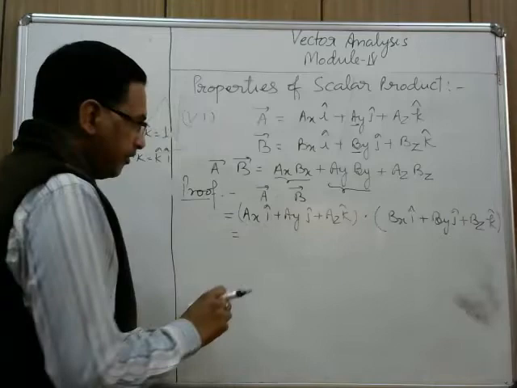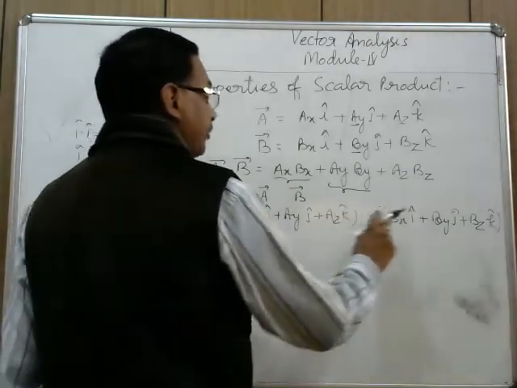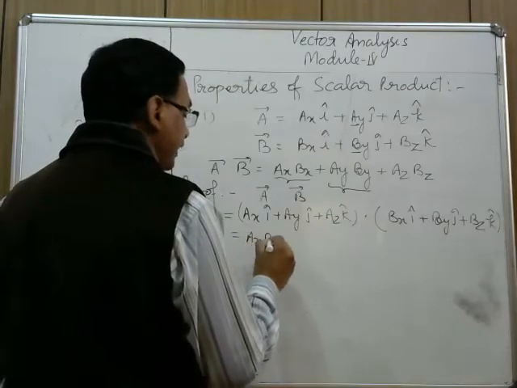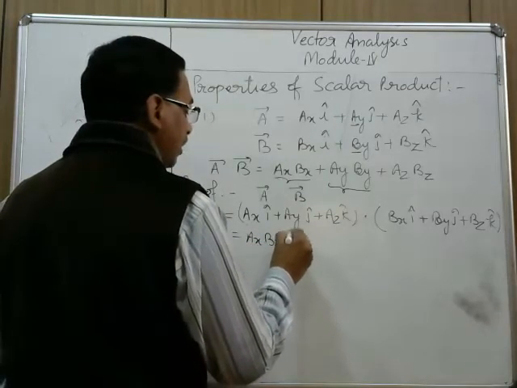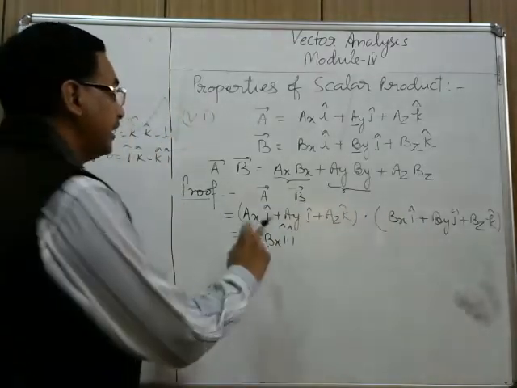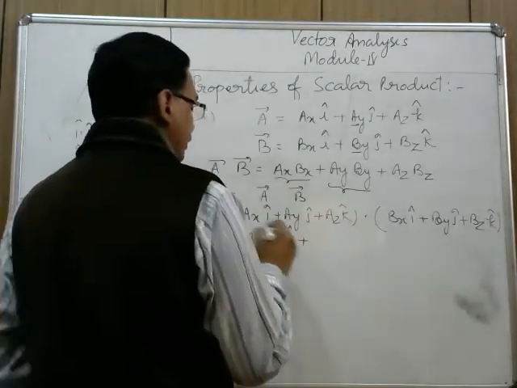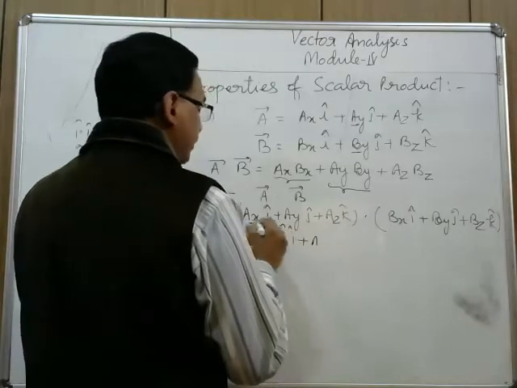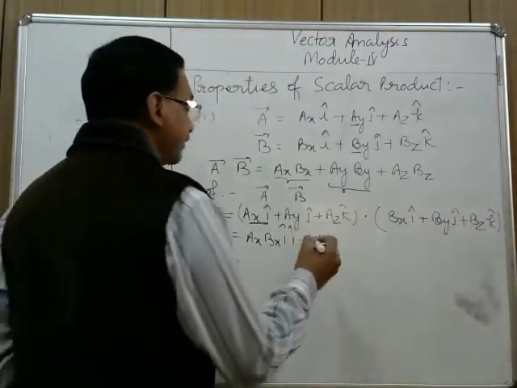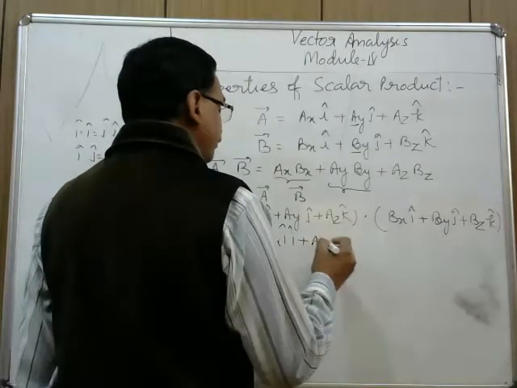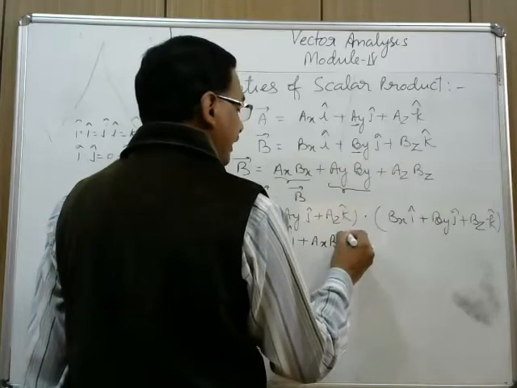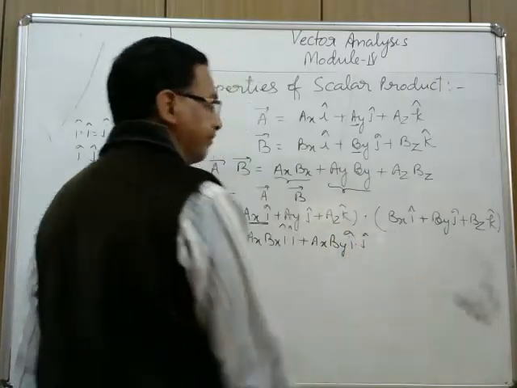Now one by one I will multiply Ax i cap dot Bx i cap. So what will I get? Ax Bx i dot i. Now with this plus Ax, I am multiplying this term by the 3 terms of the second bracket: Ax By i dot j.